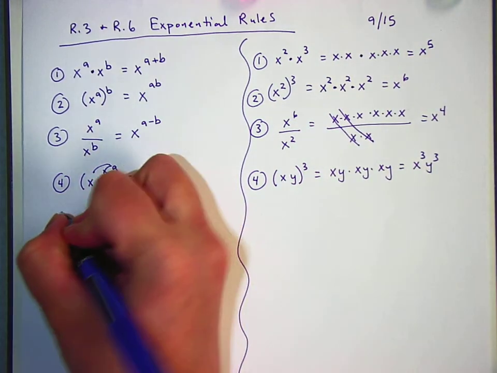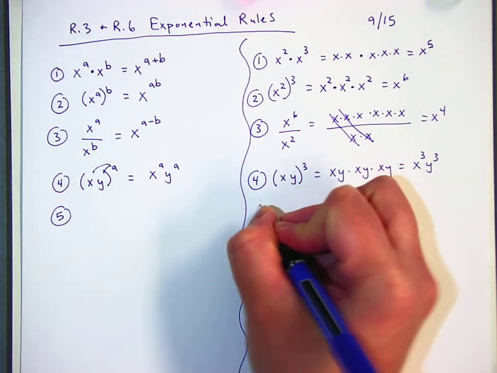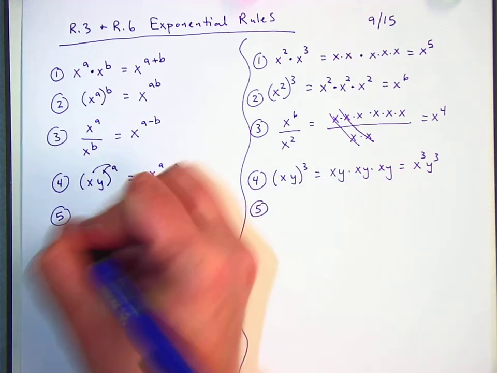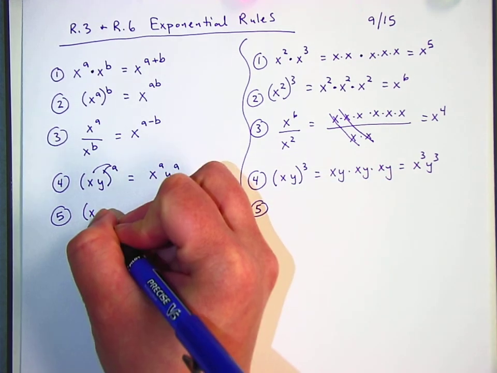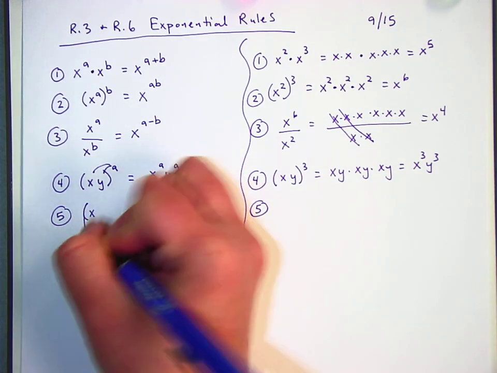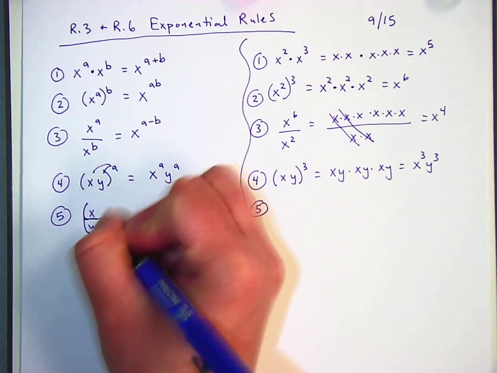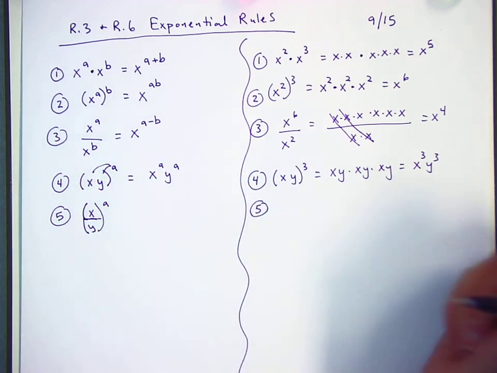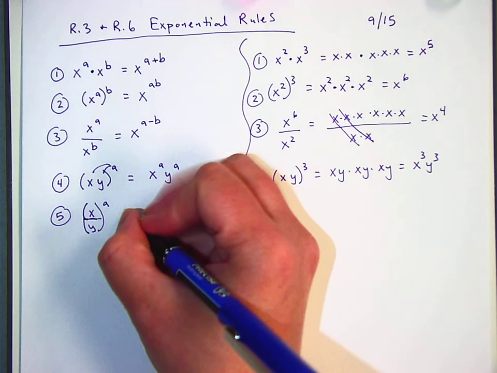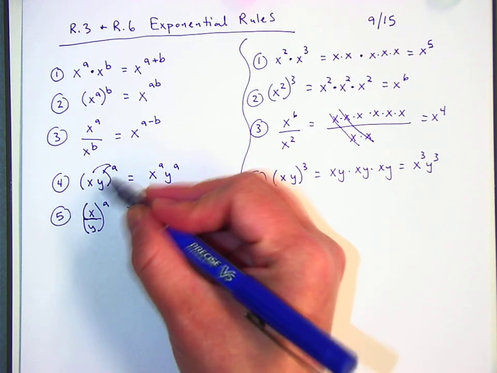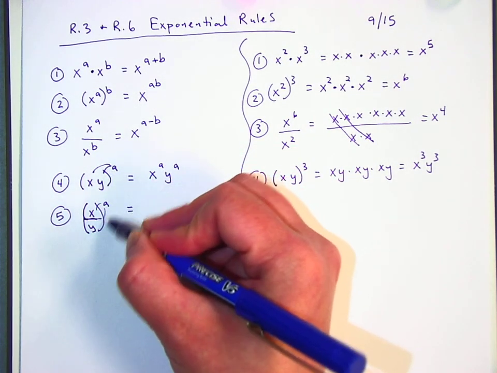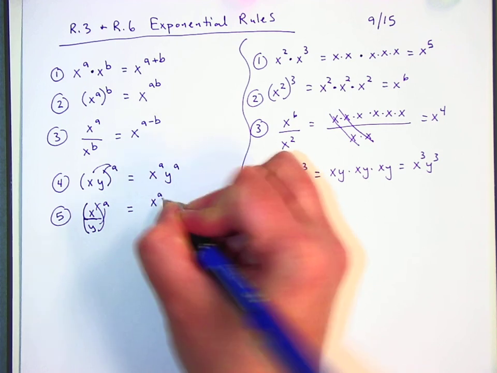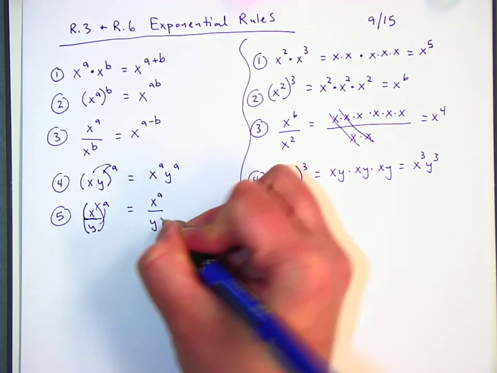We're not going to do any examples because all those examples are coming up in Math Bingo today. This one is x divided by y with a power of a on the outside. And that is just like the last one, the a goes to both. It goes to the top and the bottom this time, so this would be x to the a over y to the a.